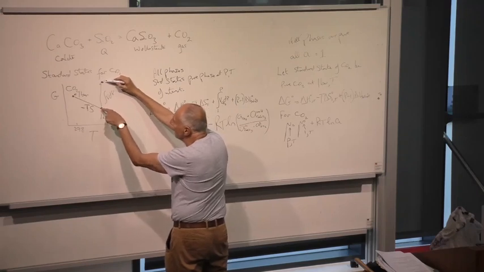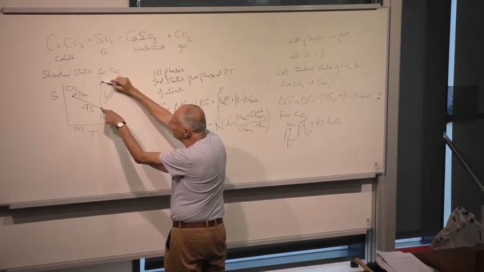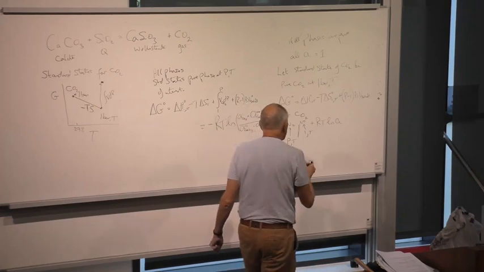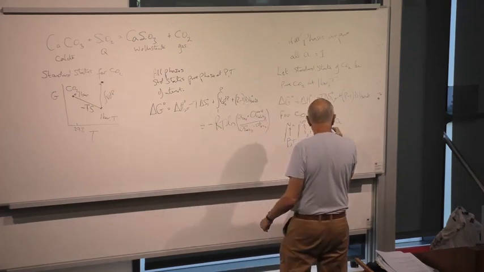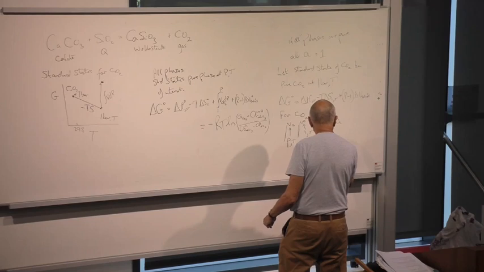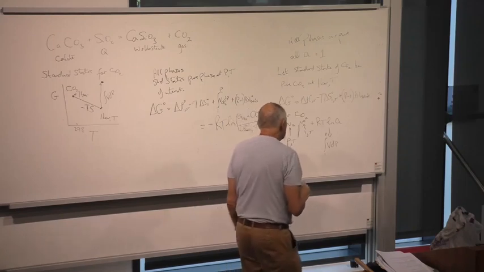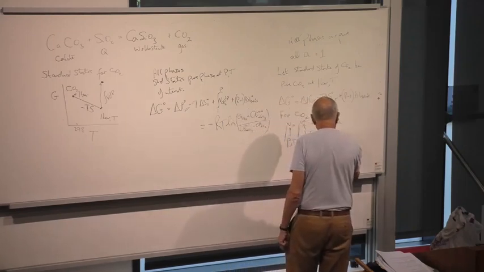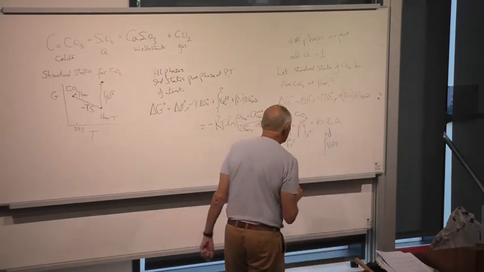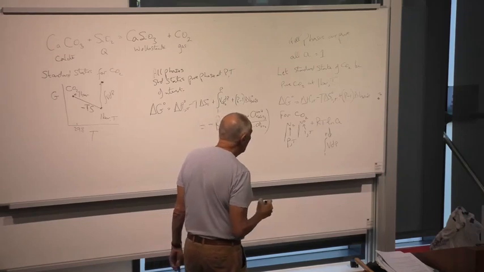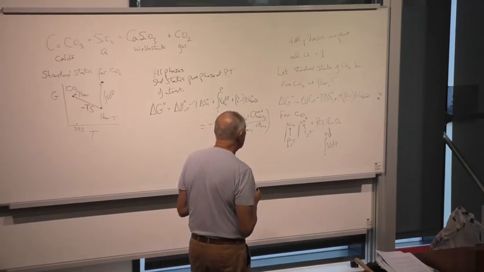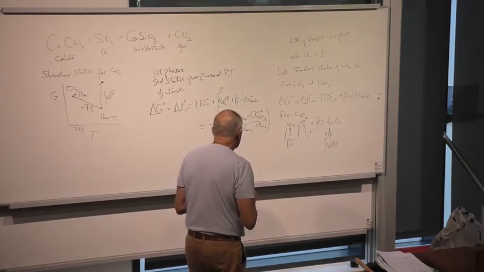Here's now our mu 0 and there's our mu. So RT ln A is the integral from 1 to P of V dP. So it's no longer activity 1. RT ln A is the integral of V dP.